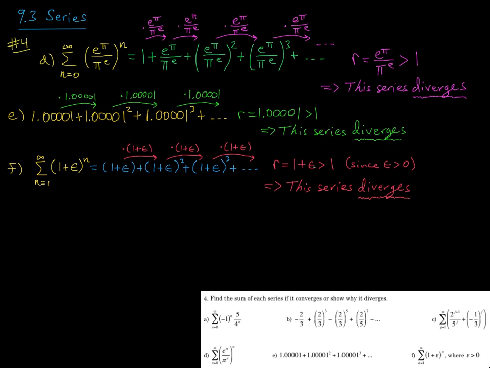Common ratio r is 1 plus epsilon, and we're told in the problem that epsilon is a strictly positive number, right? So 1 plus epsilon is going to be some number larger than 1. And again, in order for a geometric series to converge, we need r to be strictly less than 1 in absolute value. And so this series will diverge.